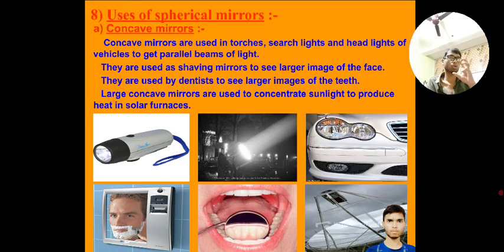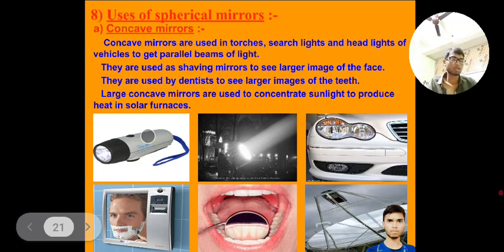So you can use a concave mirror to convert sunlight. If you use a convex mirror, then sunlight will not concentrate; instead it will diverge.